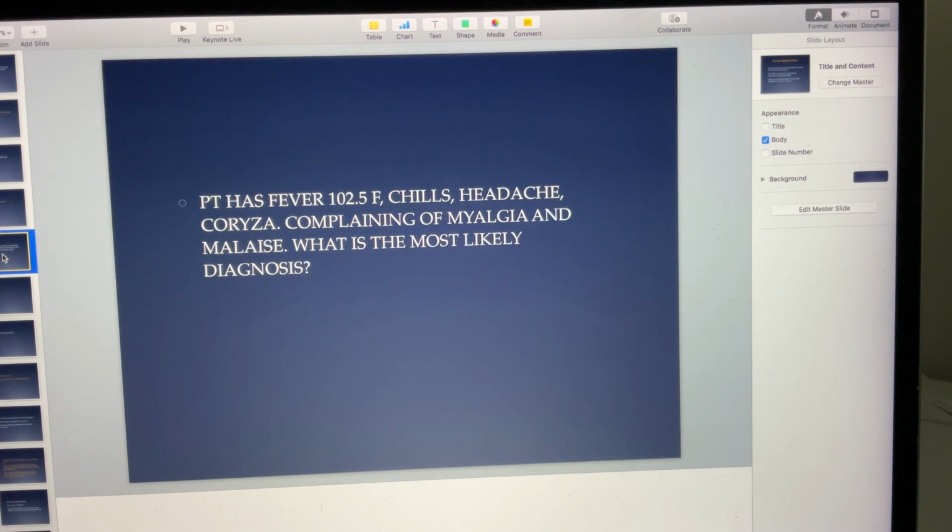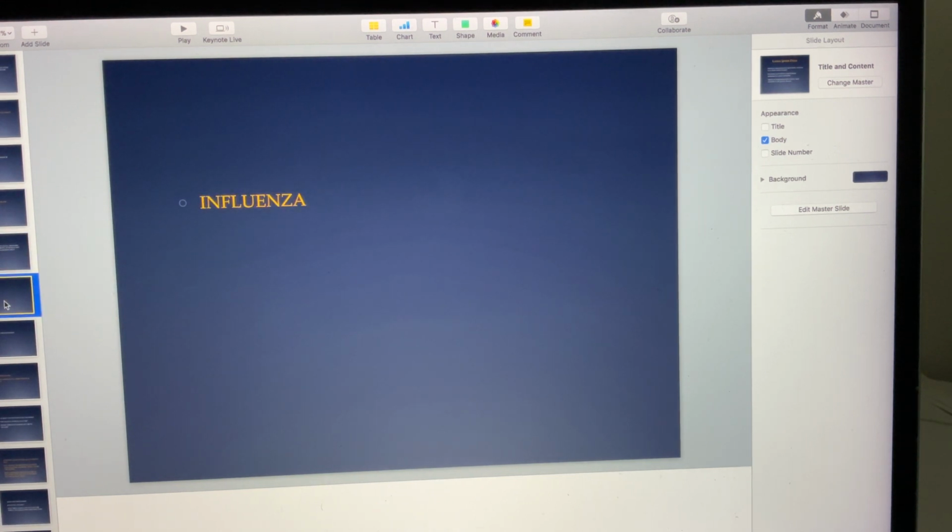Next question, patient has fever around 102.5. They have chills, they have headache, they have coryza, which is runny nose. They are complaining of myalgia, which is muscle pain, and malaise. What is the most likely diagnosis? The answer is influenza, commonly known as flu.